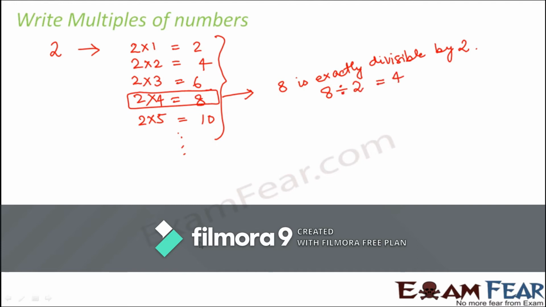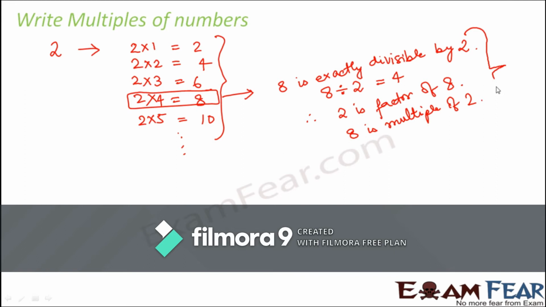You get 4. So that means that 2 is a factor of 8, and it also means that 8 is a multiple of 2. So that is the simple concept of factors and multiples.